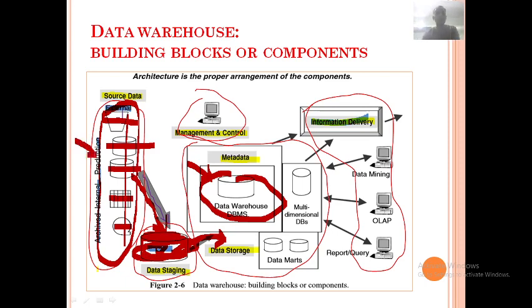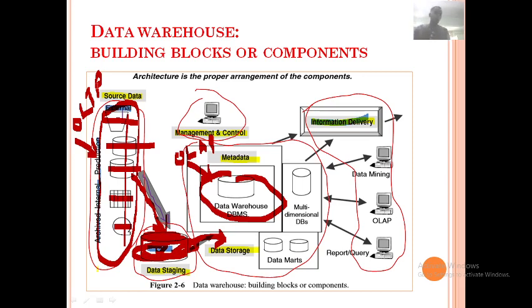These source data are there for quick retrieval, quick modification, quick storage, but not this. This will support OLAP, online analytical processing. And this will support OLTP, online transaction processing. Hope it is clear. In the data warehouse we will again have data marts, multidimensional DBs, and metadata. All these things come under this data warehouse.